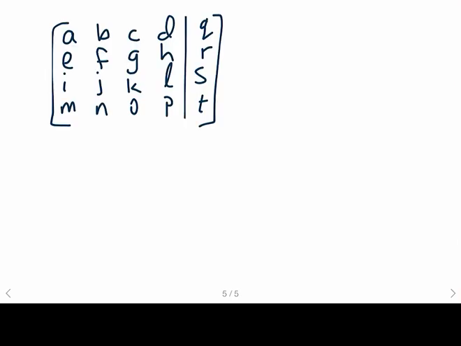Now, I said that was the last example, and I meant it, but I want to talk about what would happen if you had a 4x4 system or higher. Suppose we had an augmented matrix A, B, C, D, Q, E, F, G, H, R, I, J, K, L, S, M, N, O, P, T. We would want zeros in strategically located places.